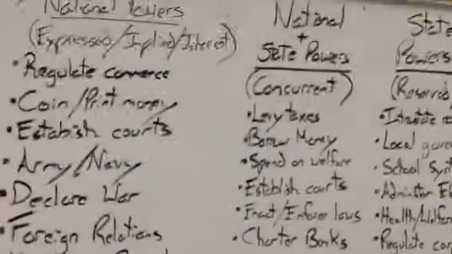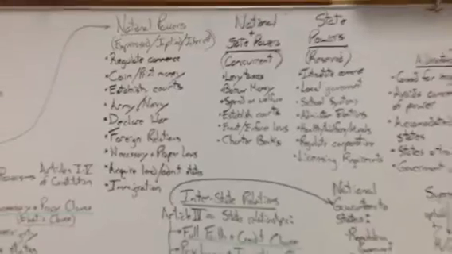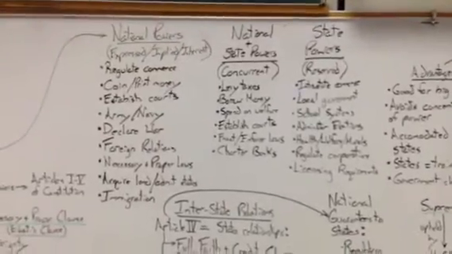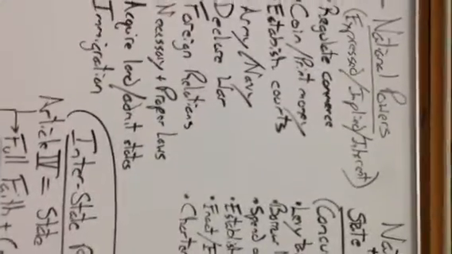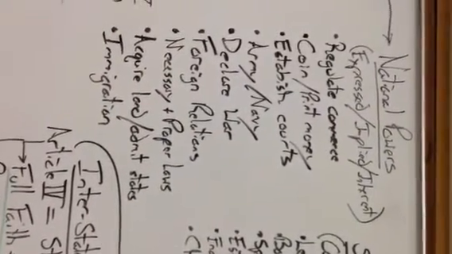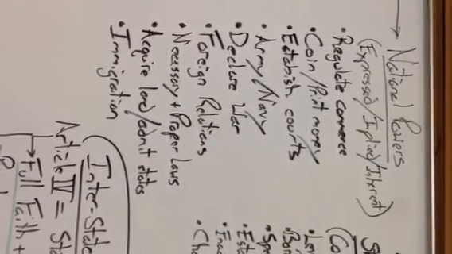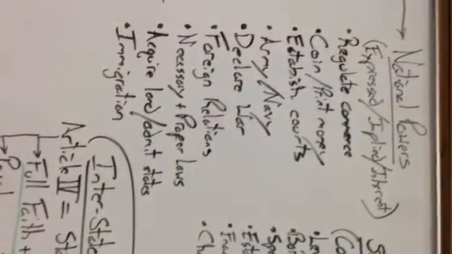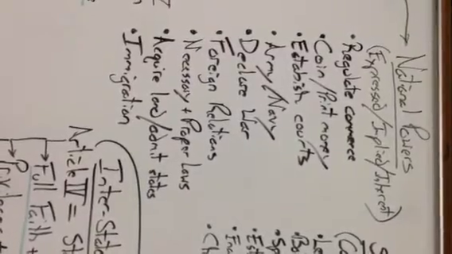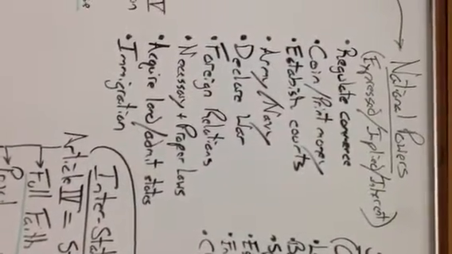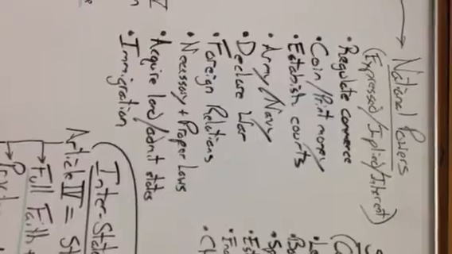A better, more detailed list of those national powers and state powers and both powers is right here. First up, we have the national list. This is all of them, including expressed, implied, and inherent powers. So these are the ones that are either put into the Constitution or can be implied from those express powers. They have the power to regulate commerce, both foreign and interstate.